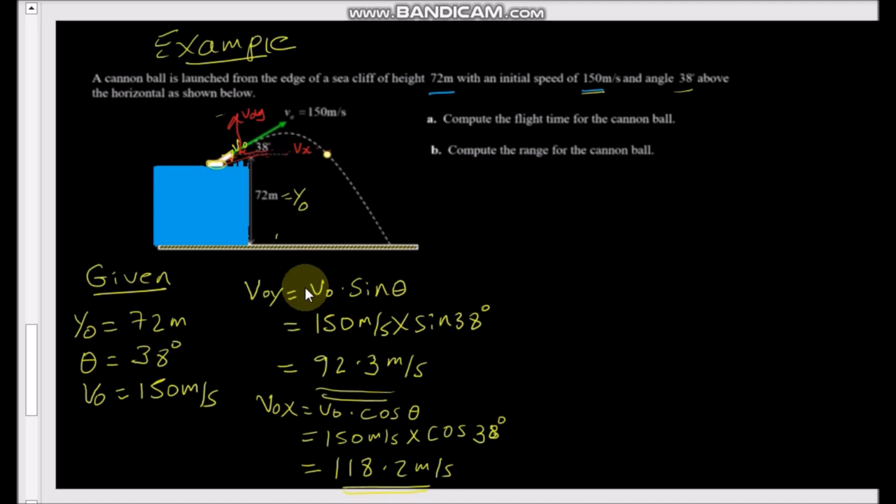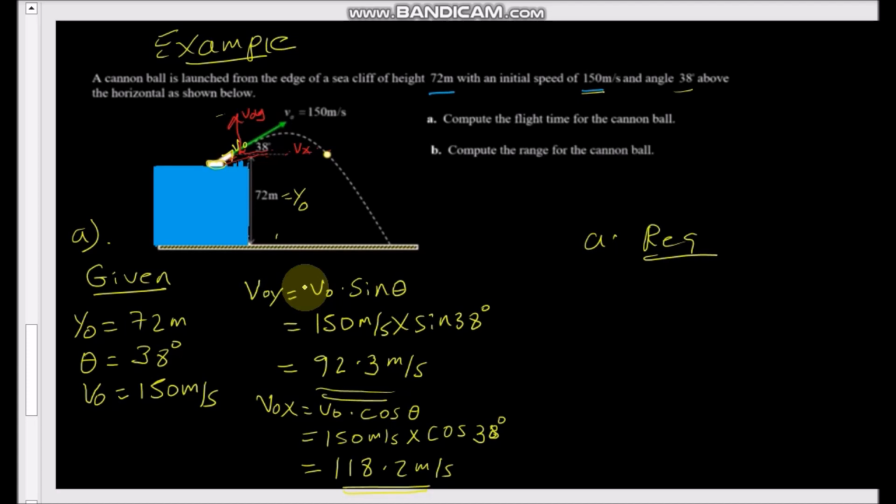Now we take out the given. What's required? We are under A. A, compute the flight time for the cannon ball.